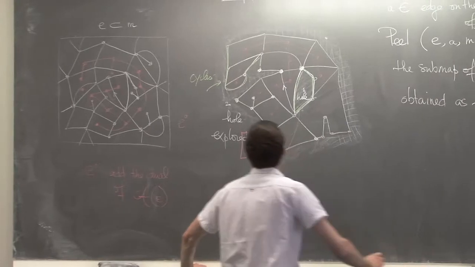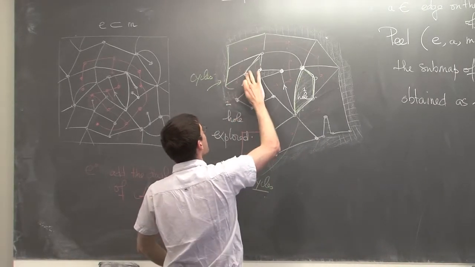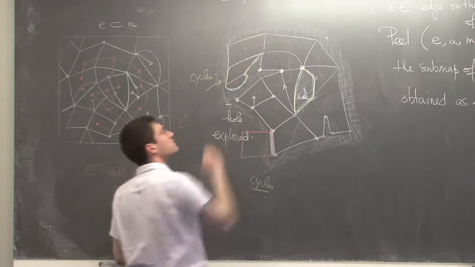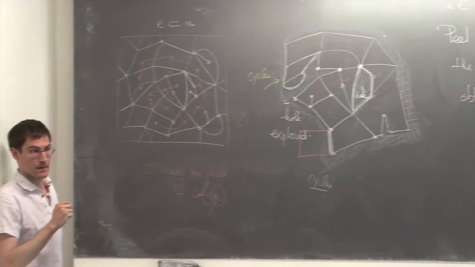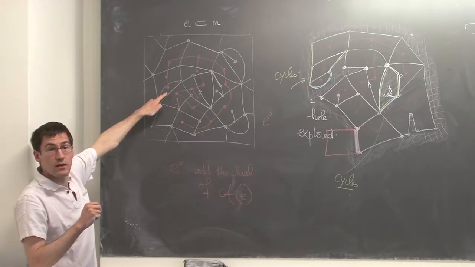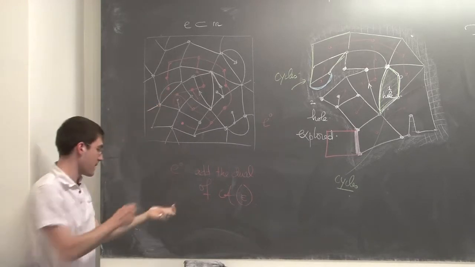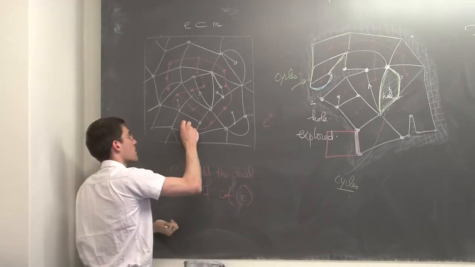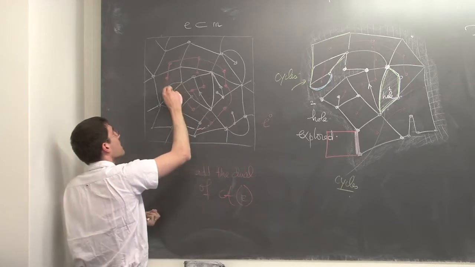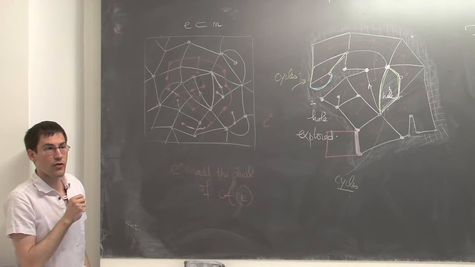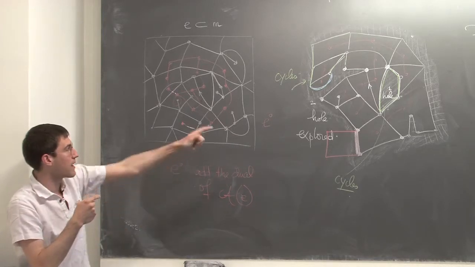But there are other cases. Imagine now that I want to peel this edge in the submap. Then I do the same thing in the dual version of my submap. I'm adding this edge here. So what's the transformation that this implies on my submap?